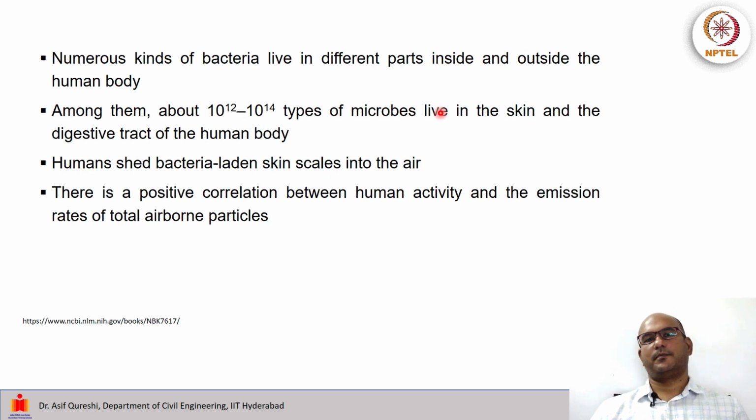Those microbes can go out either through breathing or in the feces when they are situated in the digestive tract. Also, humans will shed bacteria-laden skin scales into the air. So parts of our skin may go into the air, of very small sizes so that they are not visible to the eye. But these emissions will happen.